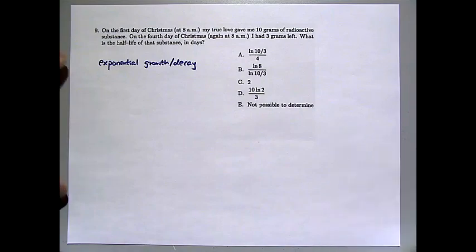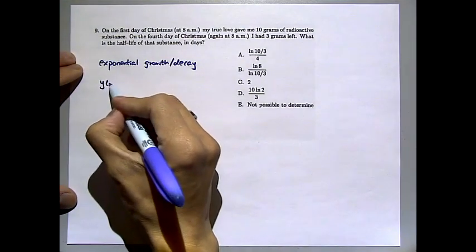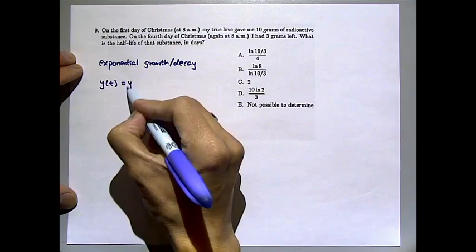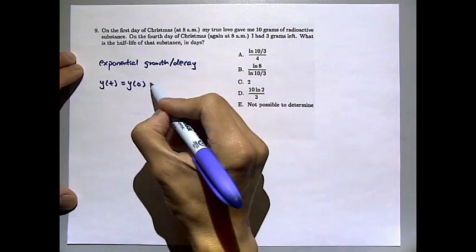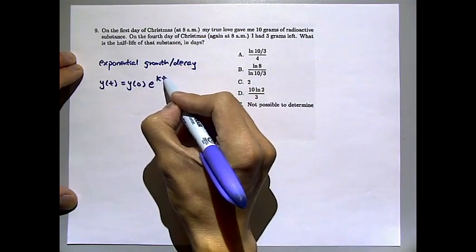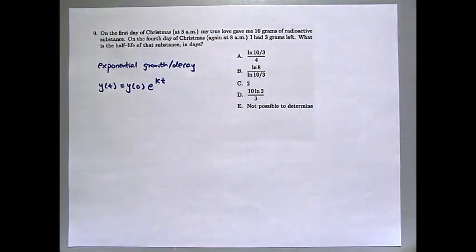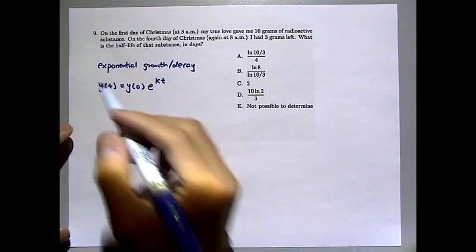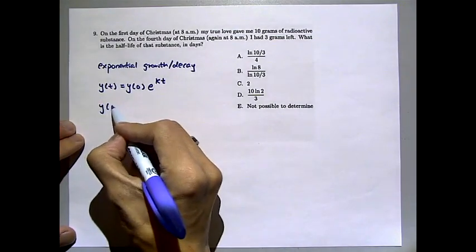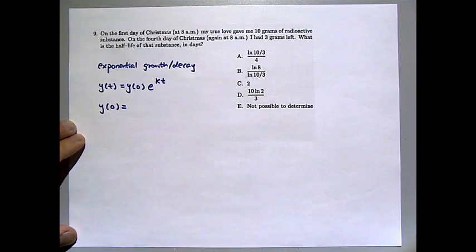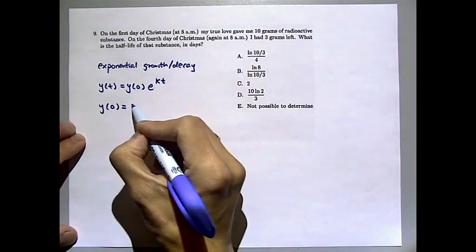Okay, so we got exponential growth and decay, so we're looking at this kind of equation. Y of t is y at the initial time times e to the kt. On the first day, day 0, right? On the first day, I have 10 grams to start.